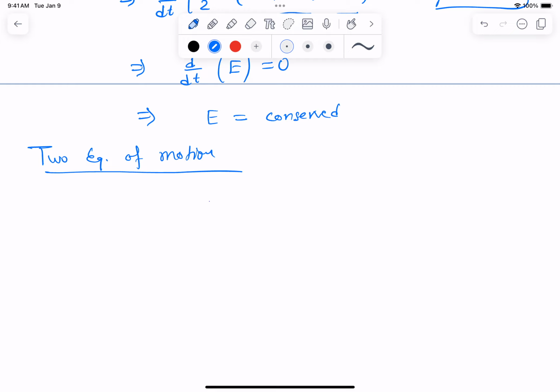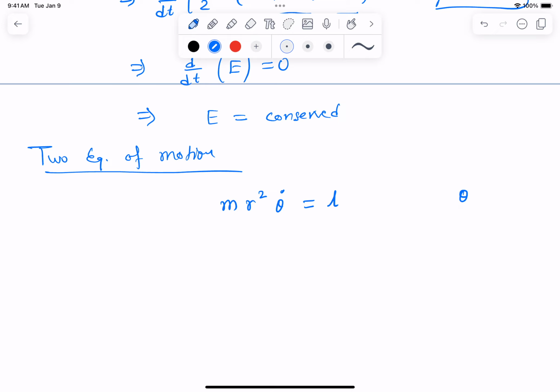Well, one of the equations is simply the angular momentum: m r square theta dot equals L, or conserved. This is our one equation of motion. This is the equation of motion for theta.